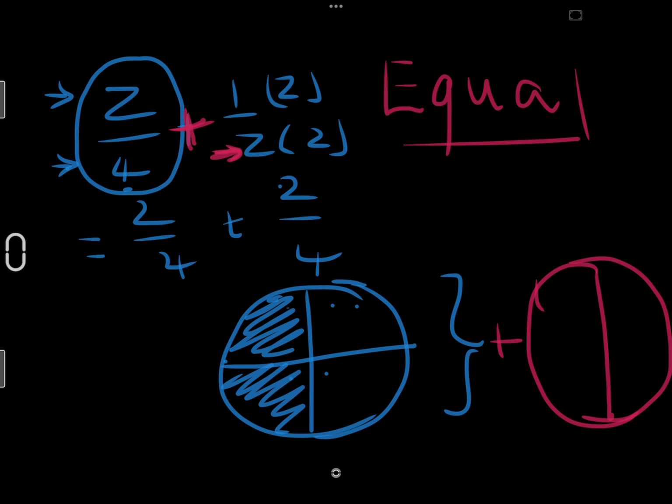So in other words, this whole is divided into two equal parts. So now this numerator here denotes how many equal parts are used, or rather shaded in this part of this pie.